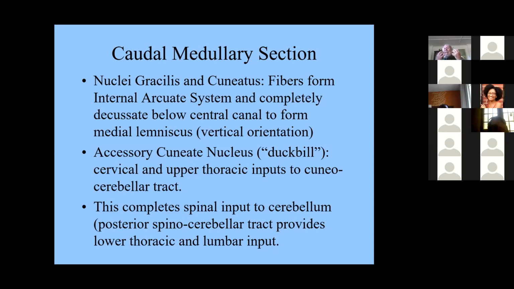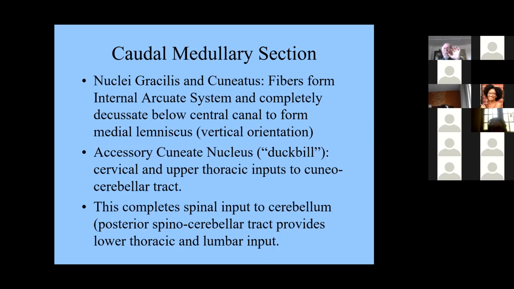So the nuclei of Clark supplied the cerebellum via the anterior and posterior spinocerebellar tracts, with sacral, lumbar and thoracic input into the cerebellum. There is no cervical input into the cerebellum via that pathway.